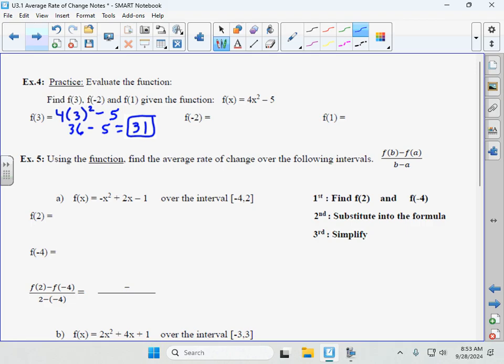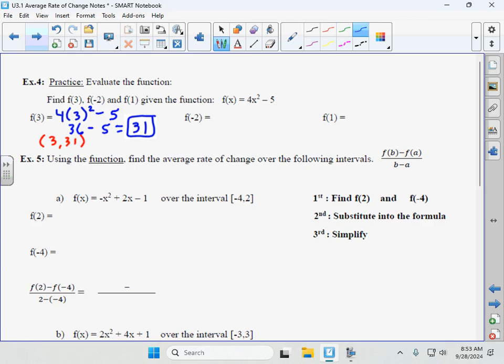What this says is f of 3 equals 31. 3 is the x value, and 31 is the y value. This is like the ordered pair. If this function f of x equals 4x squared minus 5 was graphed, the point 3 comma 31 would be somewhere on the graph. The graph would be passing through this point 3, 31.